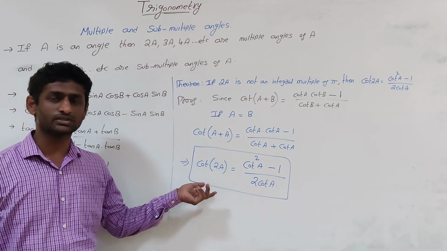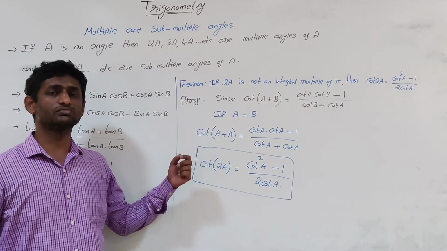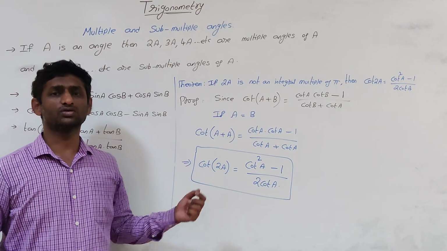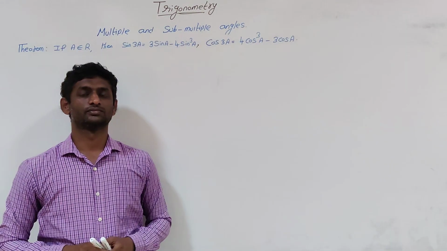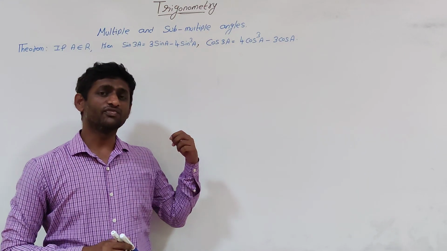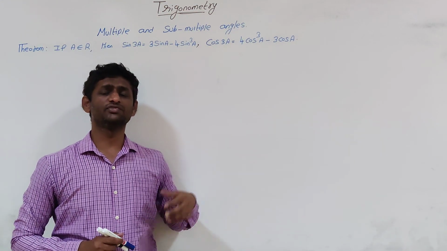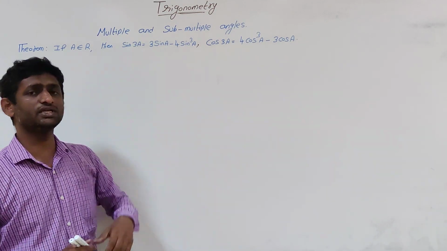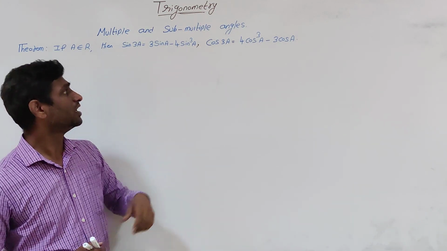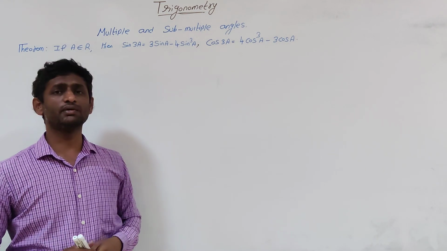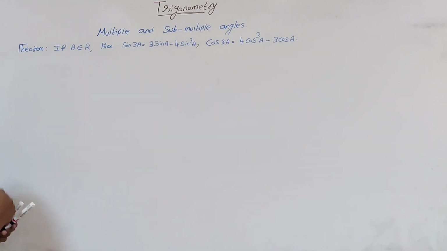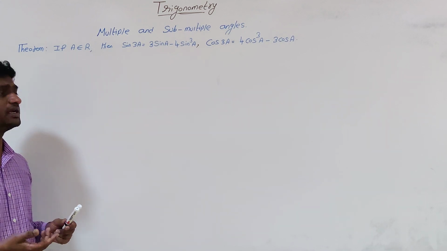Next, we'll go for triple angles, means sin 3A, cos 3A, tan 3A and cot 3A. Theorem. If A belongs to R, means if A is any angle, then derive that sin 3A is 3 sin A minus 4 sin cube A and cos 3A is 4 cos cube A minus 3 cos A.